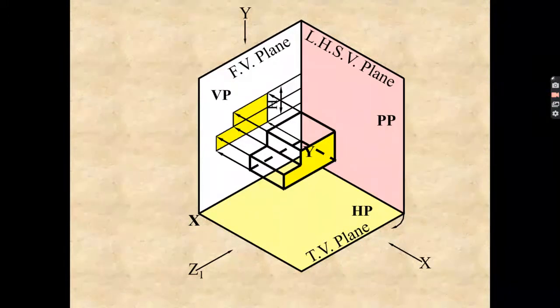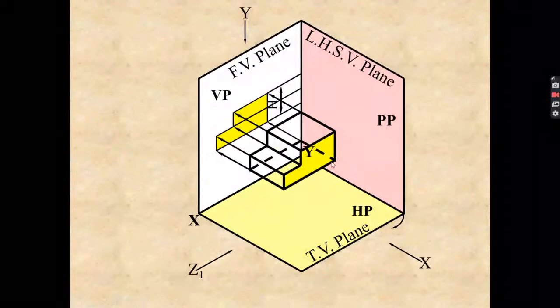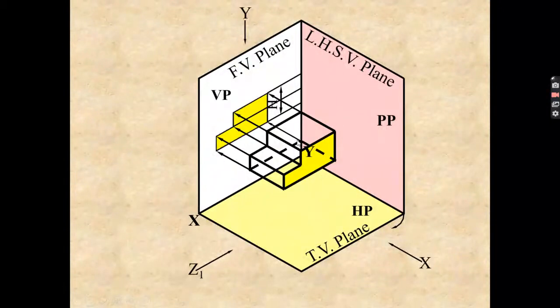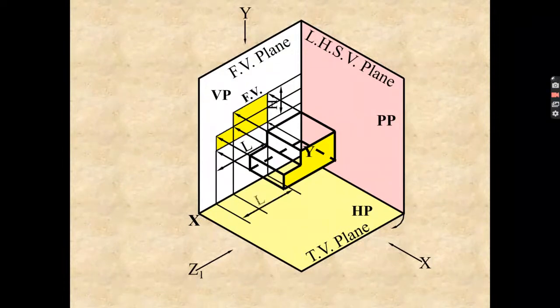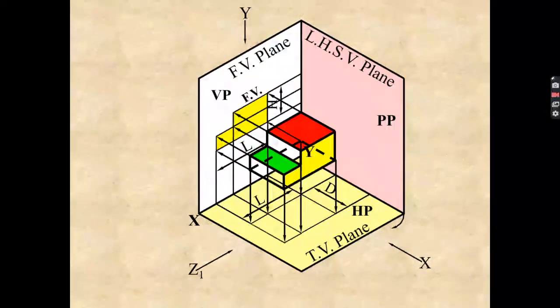In the front view, what you can see is the height and length of the object. This is your length, this is your height, and this is your width, or you can say depth. In a similar way you can get the top view and the side view of the object.